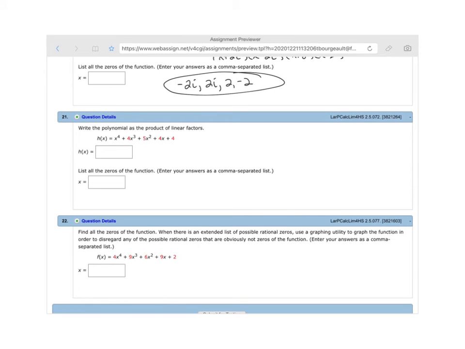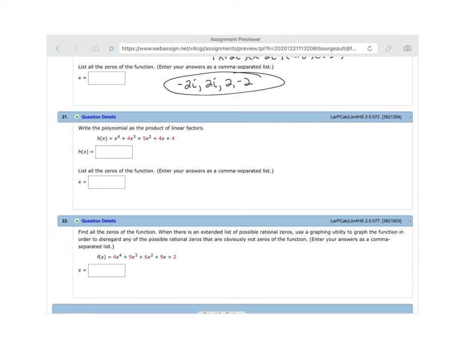Write the polynomial as a product of linear factors. Okay, we need to use the rational zero test to figure out a 0, so plus or minus 1, plus or minus 2, plus or minus 4 over plus or minus 1. And after testing, so I put it into Desmos or my graphing calculator and used the table feature to test it, I found that negative 2 is a factor, so we're going to put negative 2 in the box.